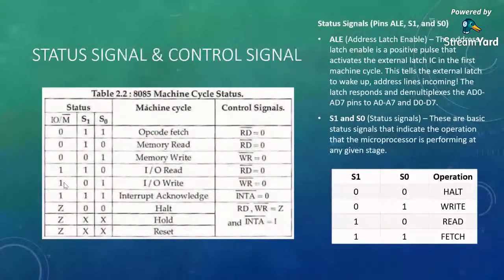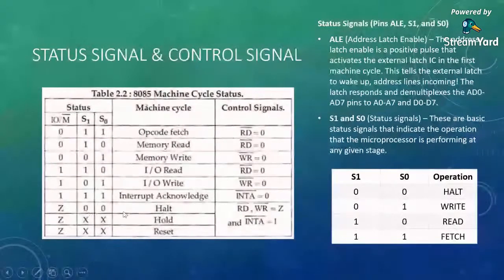If it is 0, then you input or output data in the memory. If it is 1, 1, 1, it means interrupt acknowledge. The control signal is interrupt acknowledge low.